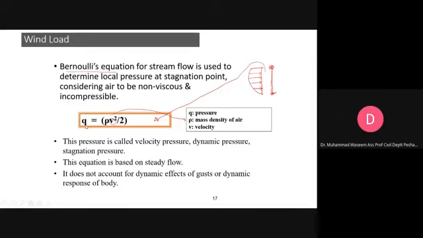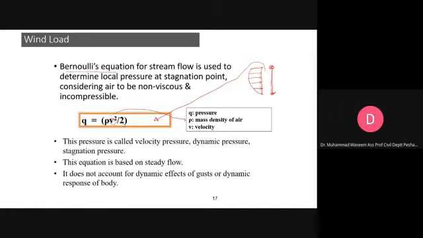Now in the Bernoulli formulation, you have the wind speed, meaning the fluid speed, and you have the unit weight. The dynamic pressure exerted by the wind on the structure can be estimated by this Bernoulli equation.